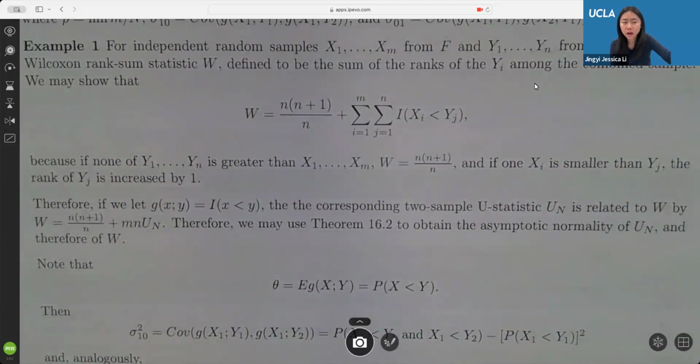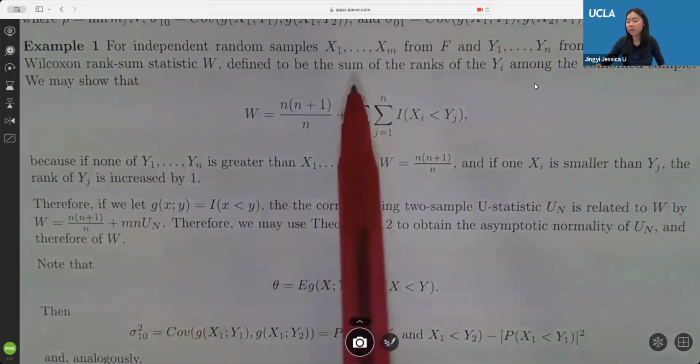If none of y1 to yn is greater than x1 to xm, it means that y1 to yn are the smaller ones, right? Then the sum should just be n times (n plus 1) over 2. That's it. And if one xi is smaller than yj, then the rank of yj is increased by 1.